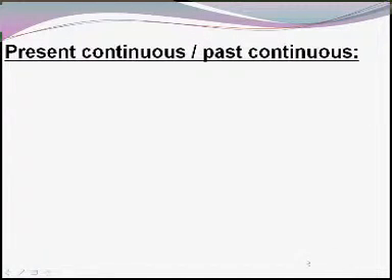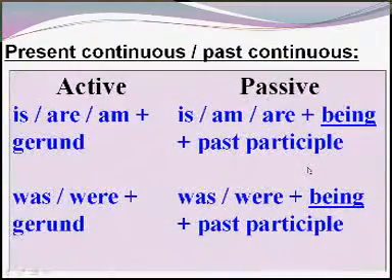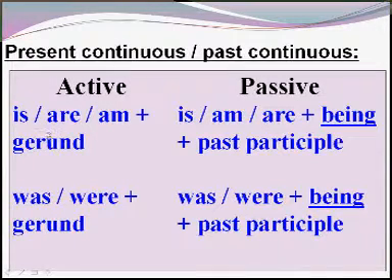So what happens if we have sentences with present continuous tense or past continuous tense? Here is the rule for that. In the active form, you usually have is or are or am plus gerund, I mean verb plus ing. In the passive, we usually turn that into is, am, or are plus being plus past participle.